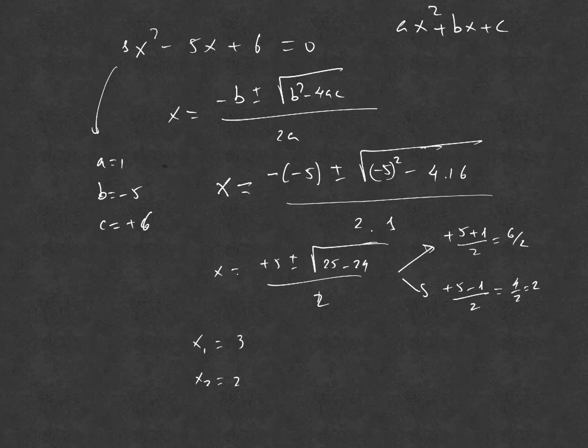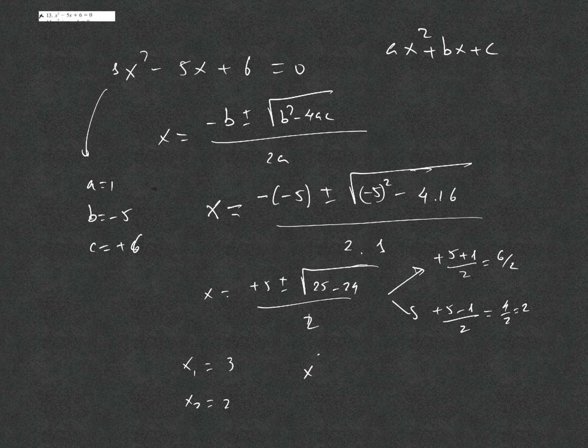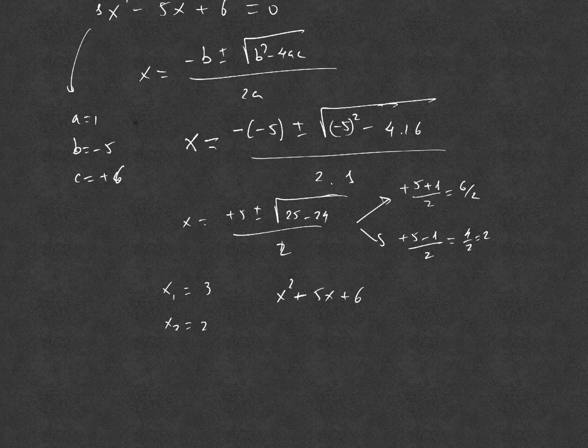If I plug into the equation x squared minus 5x plus 6, I can be sure if I got it right. 3 squared minus 5 by 3 plus 6 equals 9 minus 15 plus 6, which is really 0, because 6 and 9 is 15.